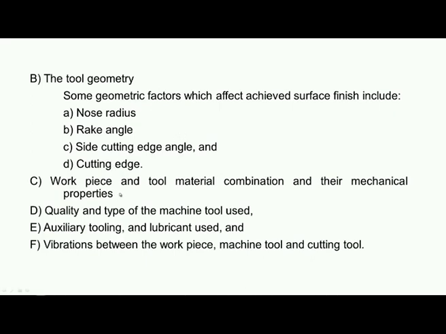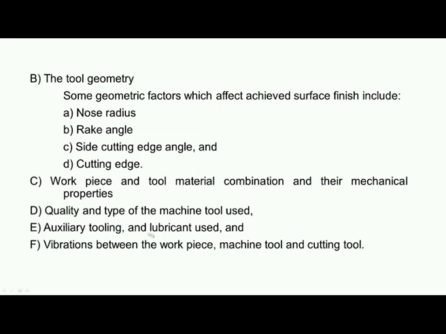And then the combination of workpiece material and tool material and their mechanical properties will also affect the finish of the workpiece. And what type of machine tool we use: if we use a very robust and well built machine tool, naturally we get a good finish.